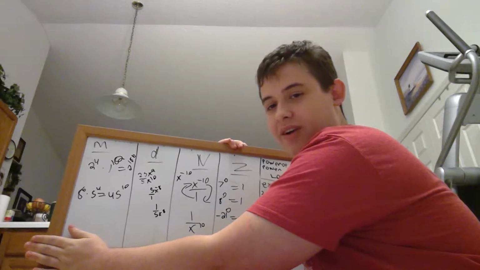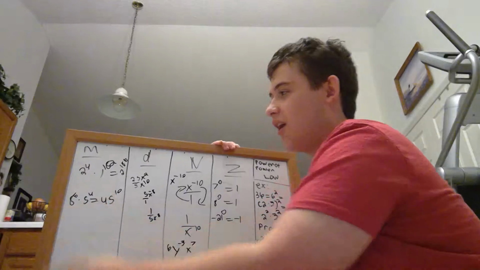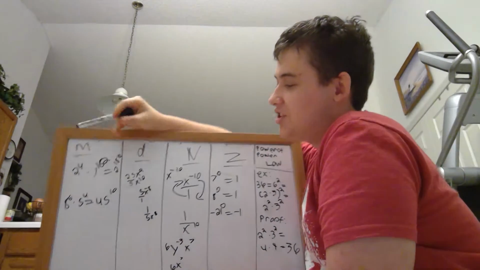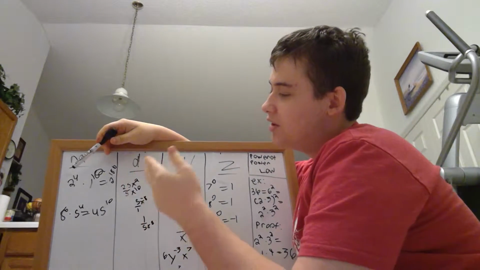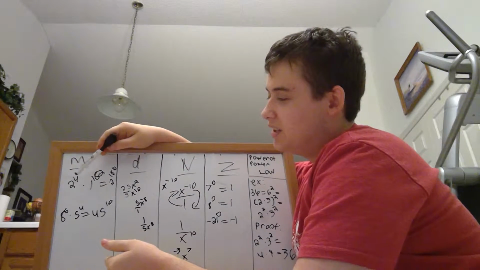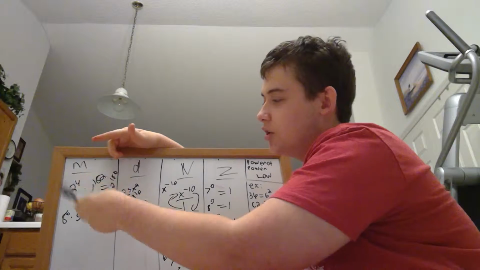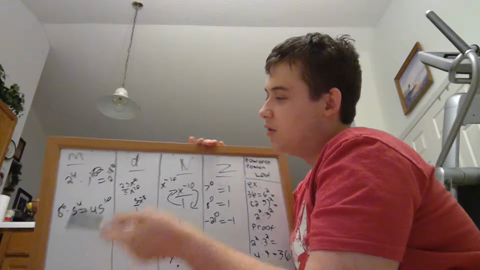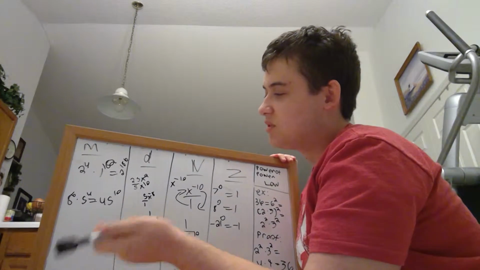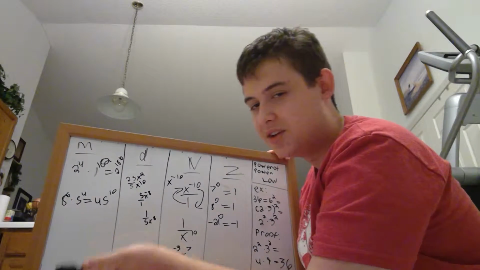So first off, we got multiplication, alright? So what you got with multiplication is you take your two numbers and you have your exponents. So let's say, for instance, we got 2 to the power of 4 times 1 to the power of 182.